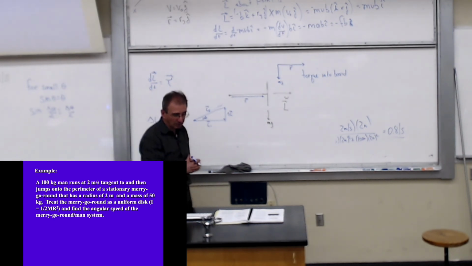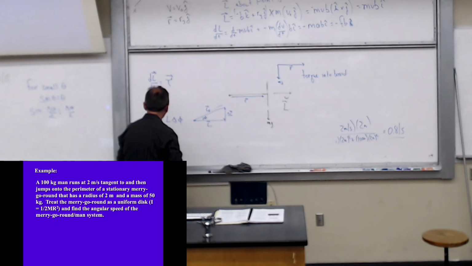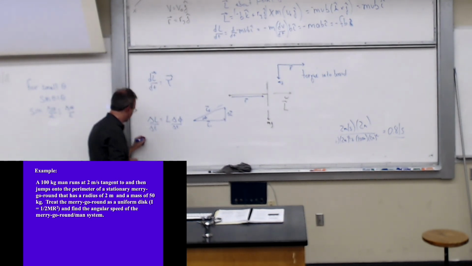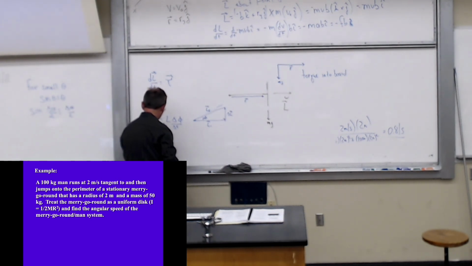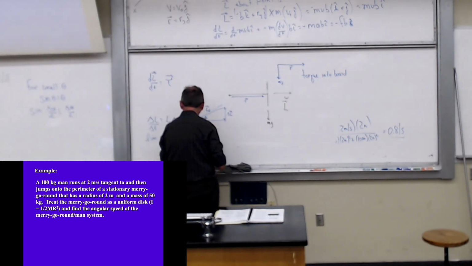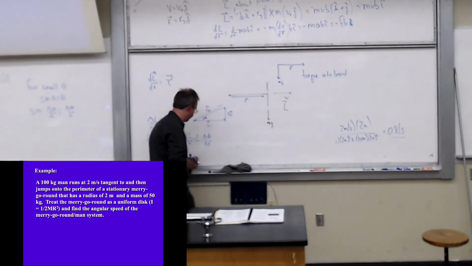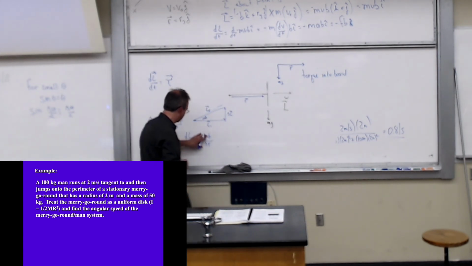It's like an arc length, those changes. I divide both sides by delta t. Take the limit as delta t goes to 0, and I get dL/dt equals L delta phi over delta t. Or I'm sorry, d phi/dt.